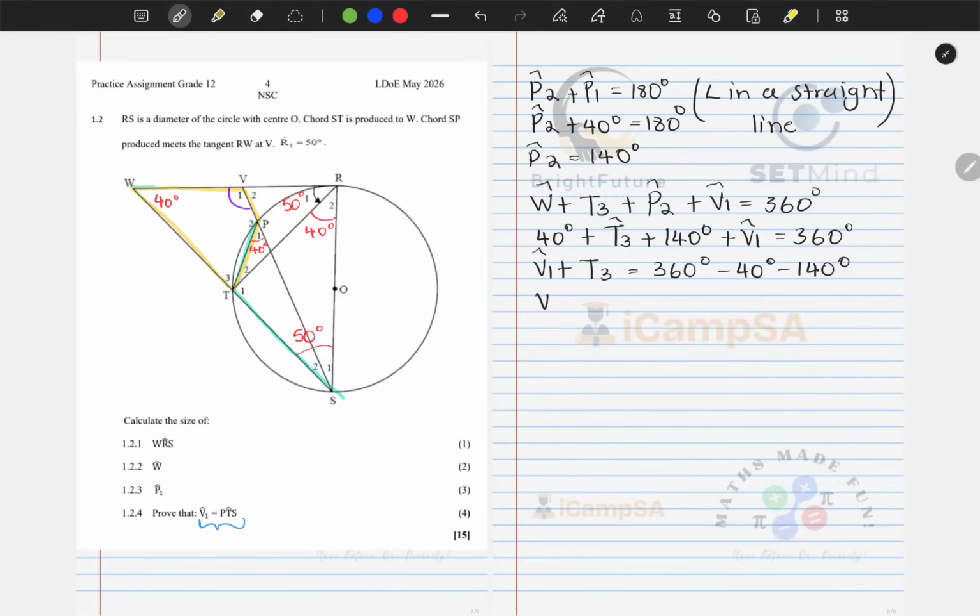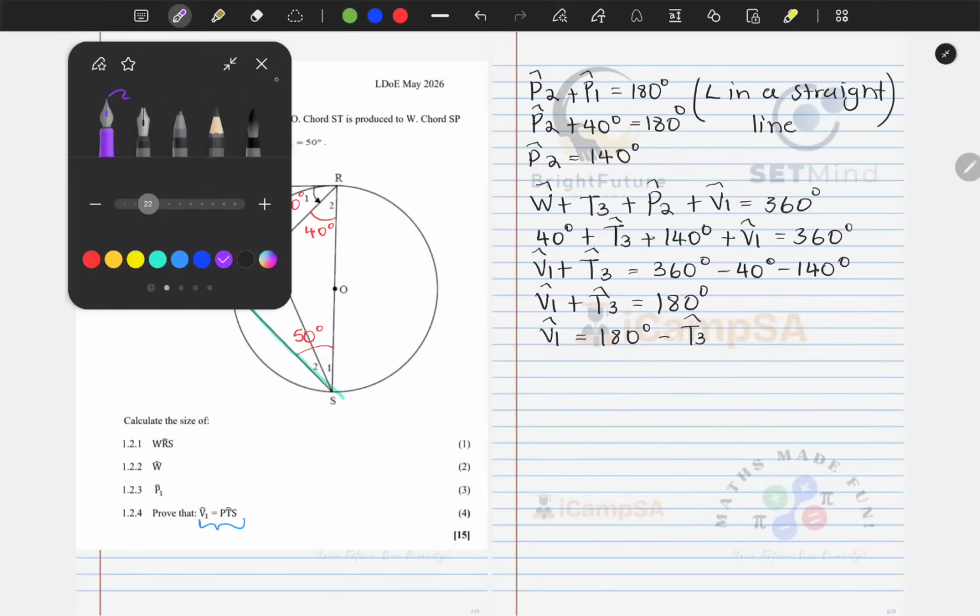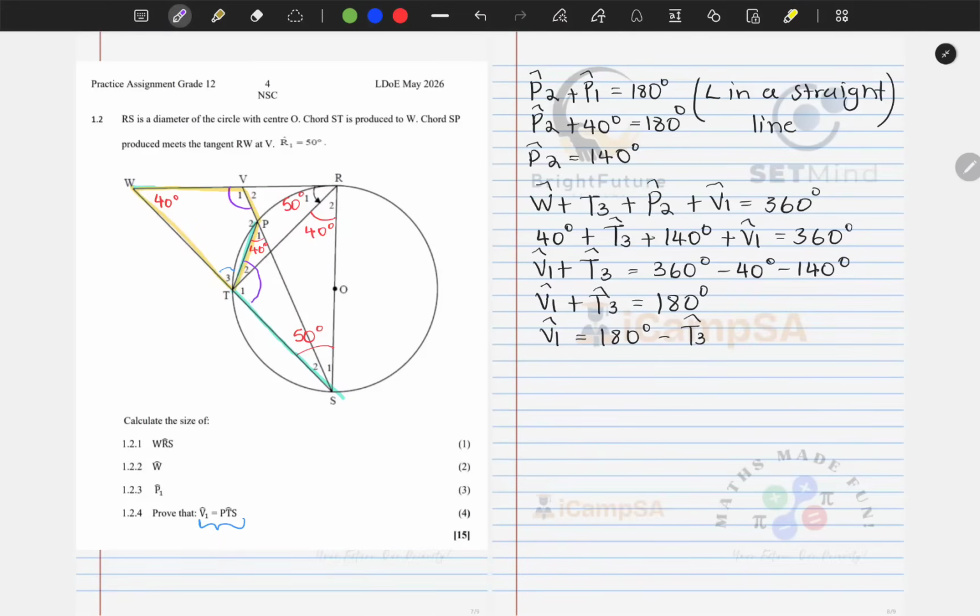And if we try to solve for V1, on the other side we'll be left with 180 degrees. So if we solve for V1, you will see that V1 is 180 degrees minus T3. But if you observe carefully, T3 is in a straight line. So when you say 180 degrees minus T3, this portion here gives us the other angle.